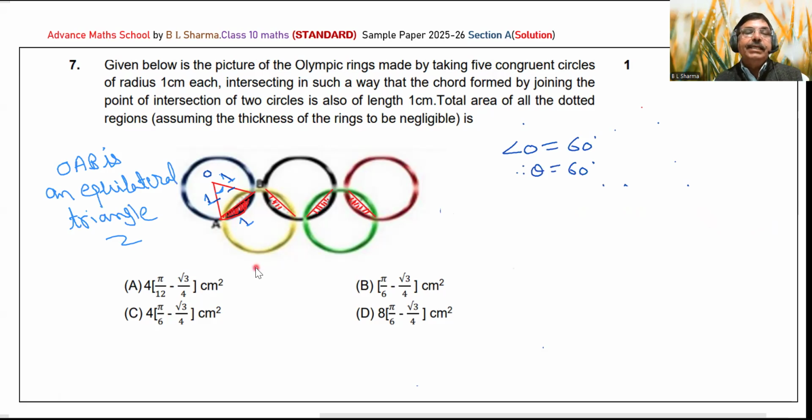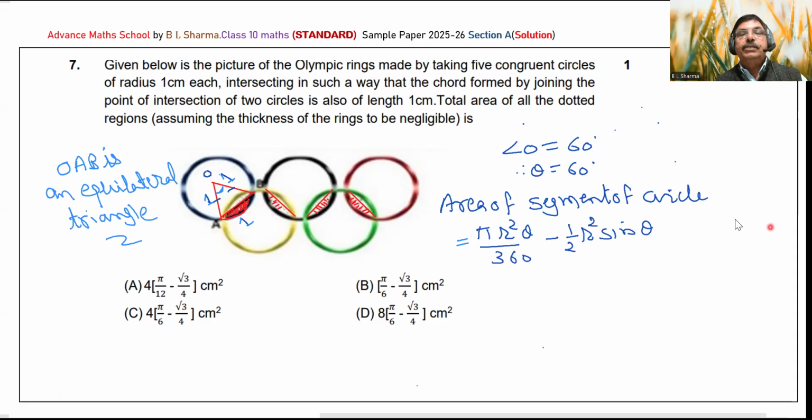अब आप देखिए कितने सेक्टर हैं ये. 1, 2. पहले हम एक सेगमेंट का एरिया फाइंड आउट करते हैं. Area of a segment of a circle is given by pi r square theta upon 360 minus 1/2 r square sin theta. यहां पे हमें पाई का वैल्यू पाई ही लेना है। In place of radius you put 1 centimeter, in place of theta you put 60. Sin 60 is equal to √3/2.